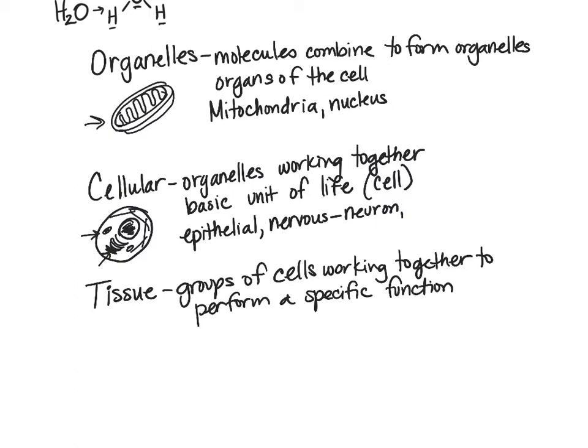So we're going to combine some of the individual cells that we talked about at the previous level, and then we're going to have a tissue. These cells aren't going to be acting on their own now. They're going to be coming together, working together to form an entire tissue.